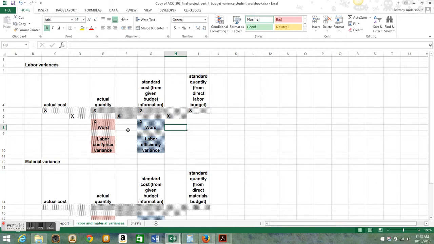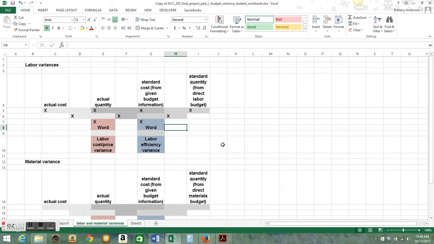Again, making sure that you understand what this formula is asking for. Our actual cost is on this side of the equation and our standard quantity on the other side of the equation. This information, you need to use your budgets. Standard quantity from direct labor budget. Standard cost from given, it's in the budget information.